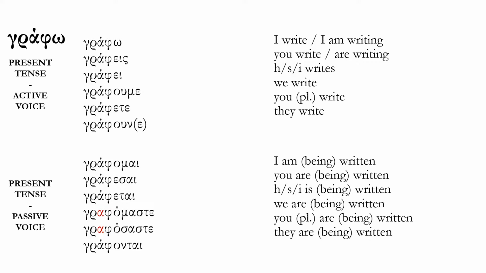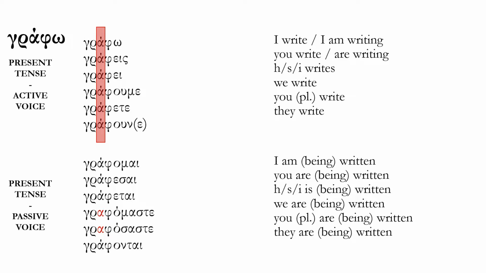And we wind up with grafome, grafese, grafete, grafomaste, grafosaste, grafonde. And these are, as the name of the grammar tells us, these are passive. I am being written. You are being written. The most common one, grafete, is written or is being written. So if you wanted to ask, hey, how is this written? You would say pos grafete.